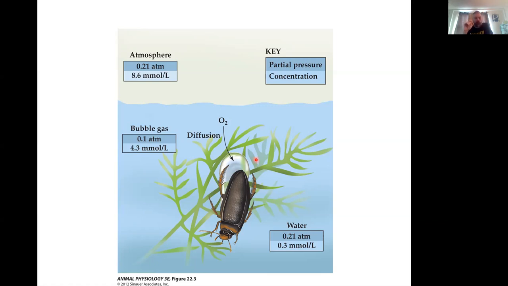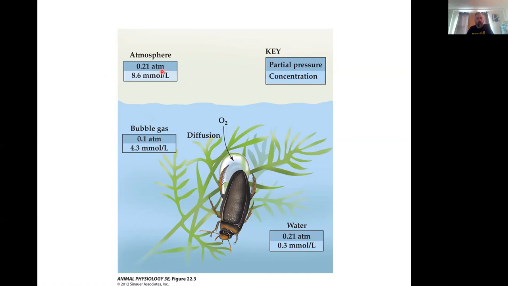Remember we talked about the idea that water doesn't hold a lot of oxygen. Oxygen does not like to diffuse in it. Concentration-wise, the concentration of oxygen in water is really low, 0.3 millimoles per liter, versus about 8.6 millimoles per liter in the atmosphere.